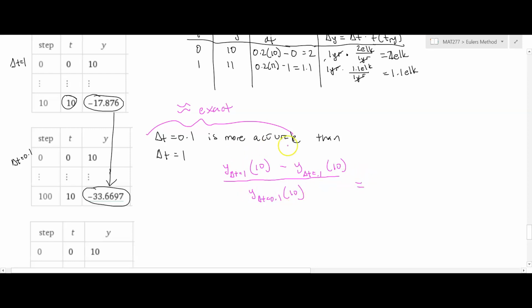So that's going to give me the delta t at time 10 is negative 17.87 or 88, and I need to multiply this by 100 to get a percentage, minus negative 33.67 divided by negative 33.67 times 100. So I'm just doing this off to my calculator here.